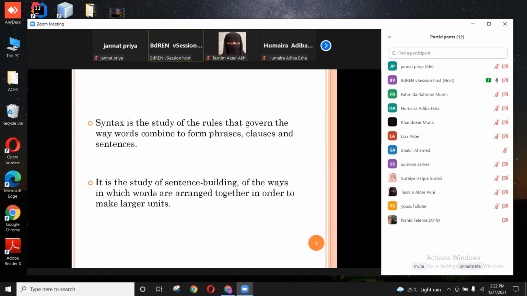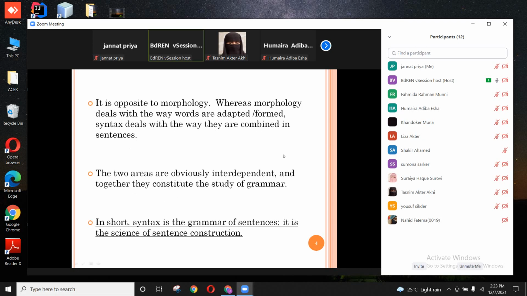On the other hand, morphology is basically concerned with words, with the formation of words. And syntax is concerned with the formation of sentences. So one is concerned with the formation of words, that is morphology, and another one, which is syntax, is concerned with the formation of sentences.